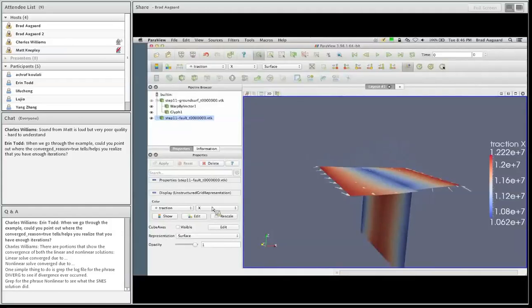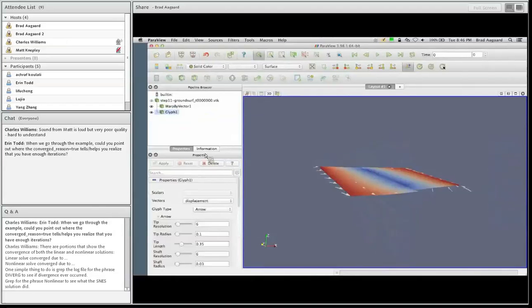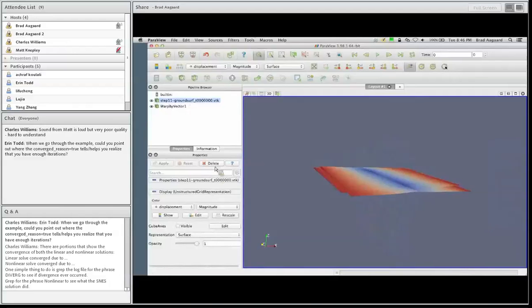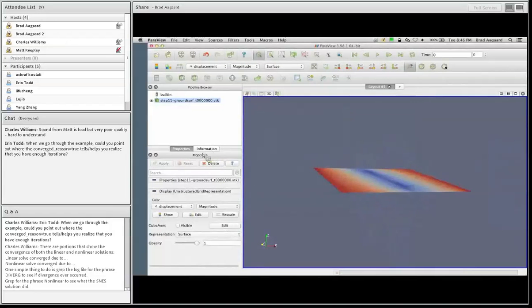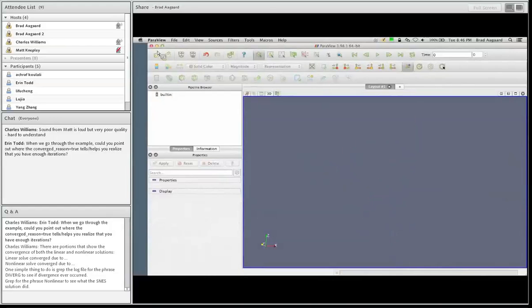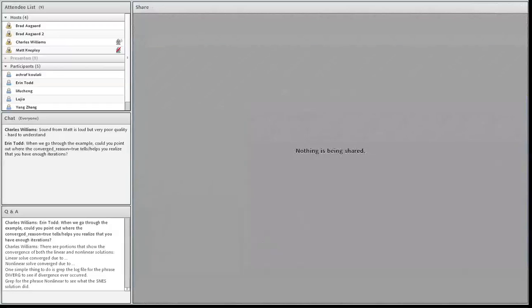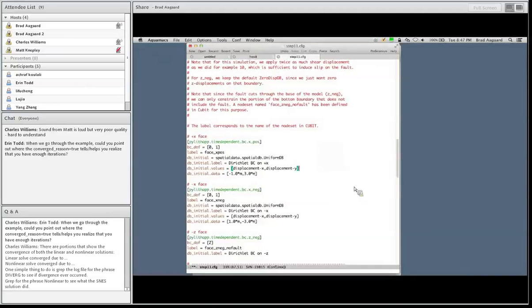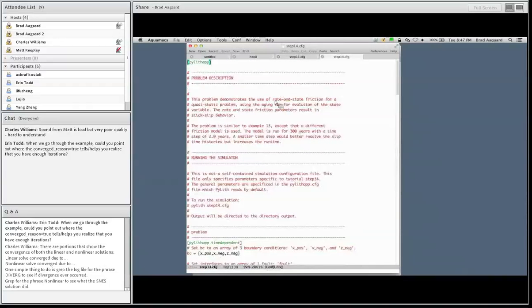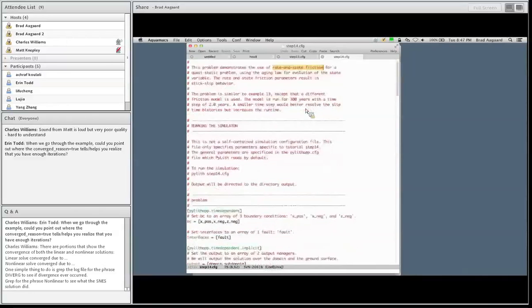Okay, let's make things a little more fun. So I'll delete this. Oops. We'll delete these and then exit out of pair view here. Let's go back and look at our input files for step 14. Now we're going to do rate and state friction in step 14.